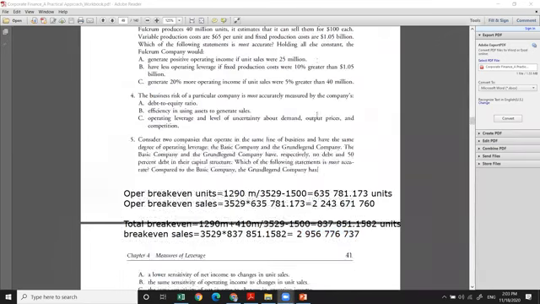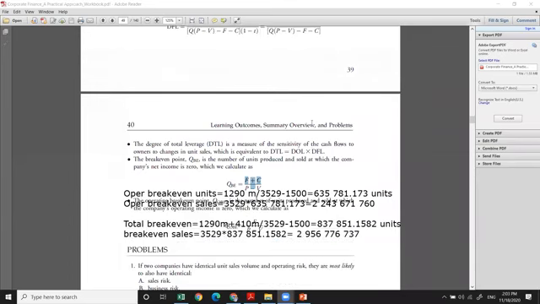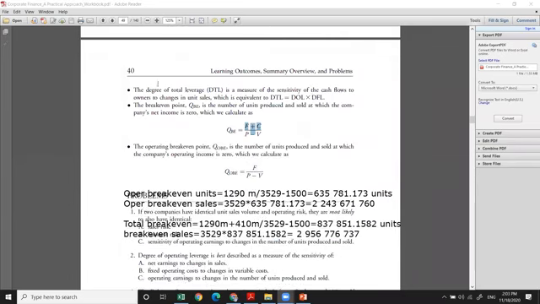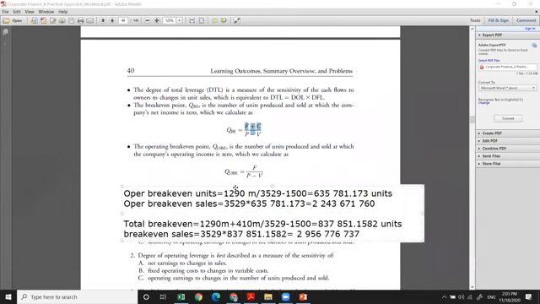One more time. This formulation is the break-even point, the last part that I solved. This is the part: fixed cost, some other cost like interest, divided by price minus variable cost. And then to find the break-even sales, price per unit times the number of units at the break-even point.